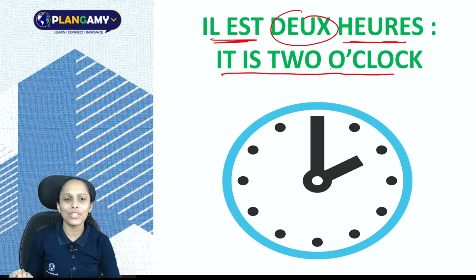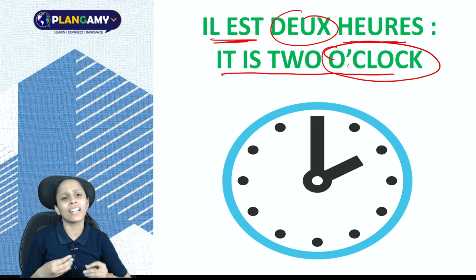So, here we are talking about it is 2 o'clock. Now, il est 2 heures. Remember that o'clock in English does exist. But in French, there is no concept of o'clock. We simply say il est 2 heures. That is, it is 2 o'clock.